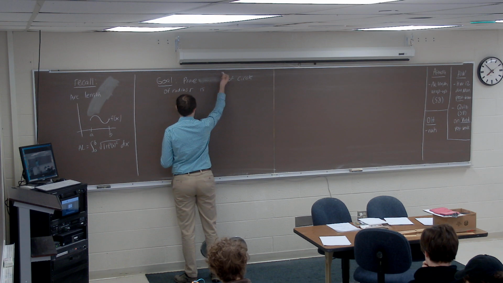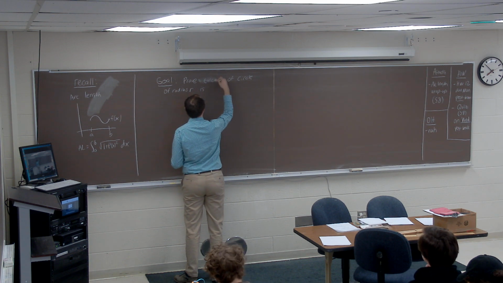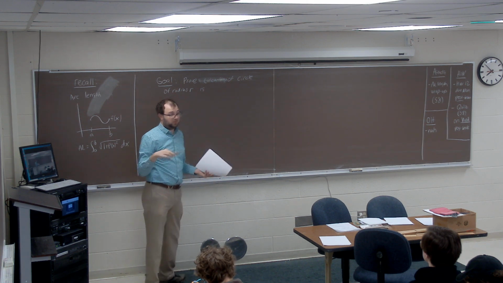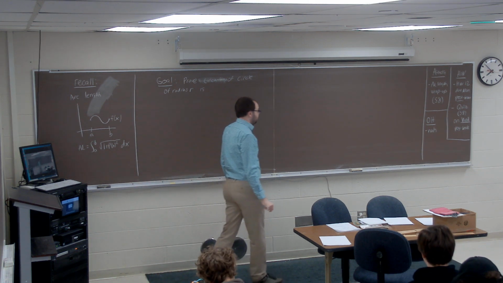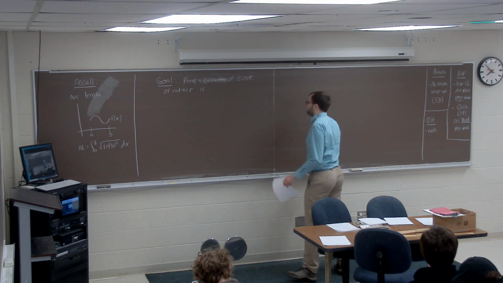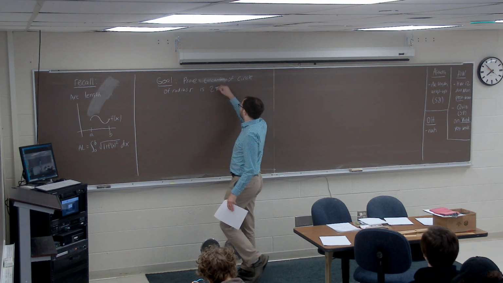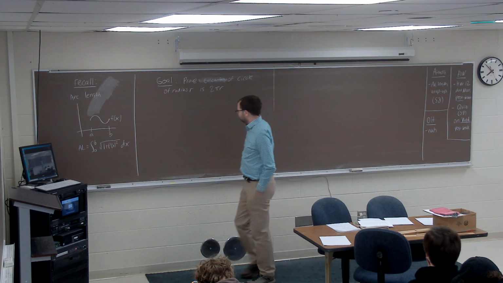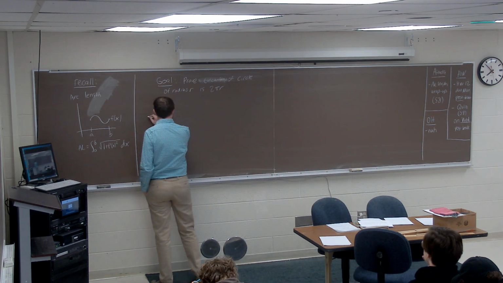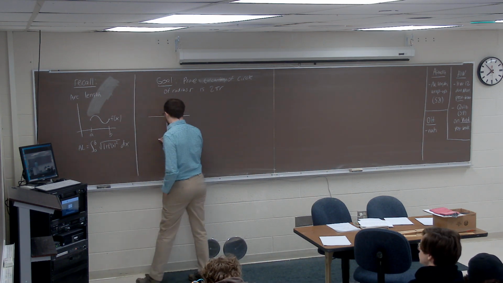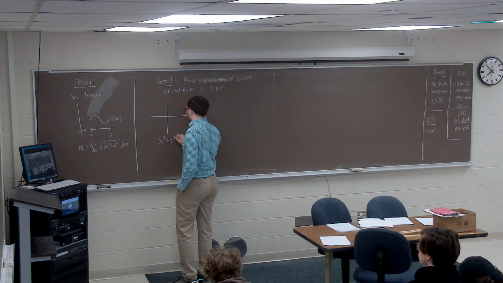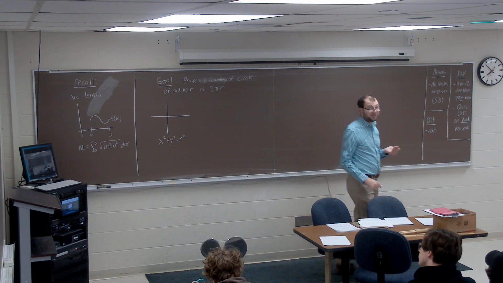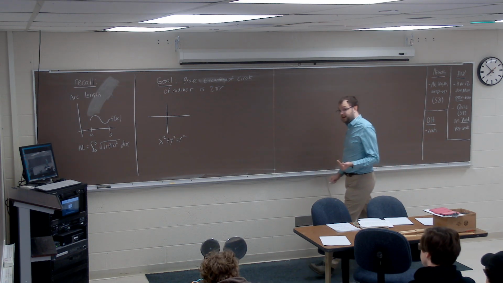When I say perimeter, I mean circumference, which is the same thing as perimeter, but applied to a circle rather than a typical polygon. Alright, so I want to look at the circle x squared plus y squared equals r squared, taking some circle of radius r within the xy plane.